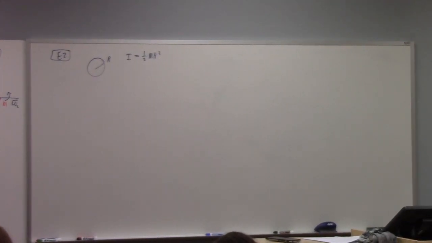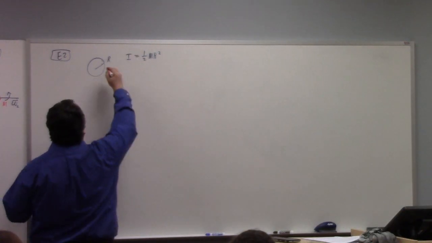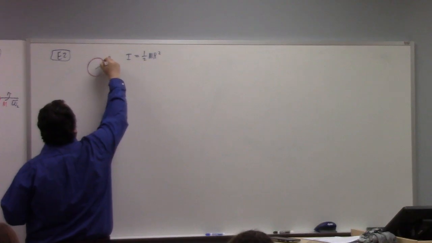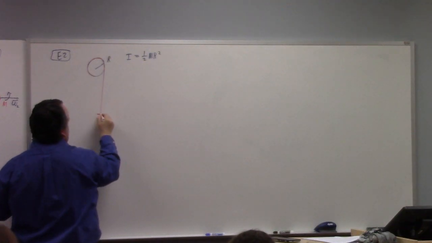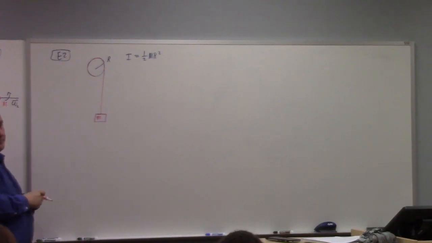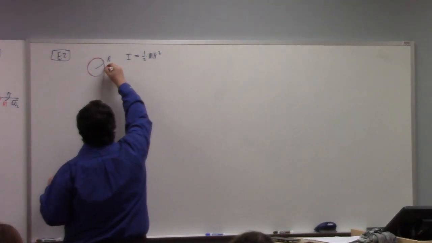But the pulley's not massless anymore. The pulley has a mass M, and we hang a rope off of it, and let's suppose there's a mass little m here pulling down the pulley. So what's the torque then?